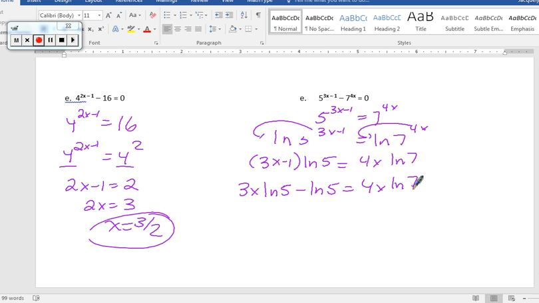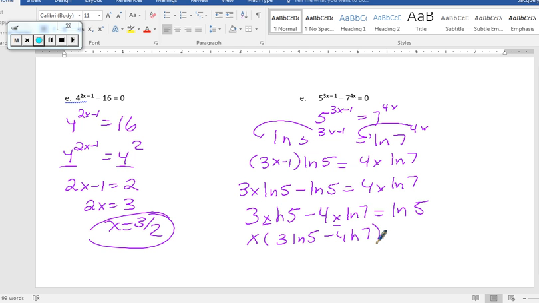I want to gather the x's on one side and the numbers on the other, so I'm going to wind up with 3x natural log 5 minus 4x natural log 7 is equal to natural log 5. Again, we share an x in both terms, factoring that out. Divide everything through by 3 natural log 5 minus 4 natural log 7. And again, it's just calculator work at this point. You should be getting x to be negative 0.54.